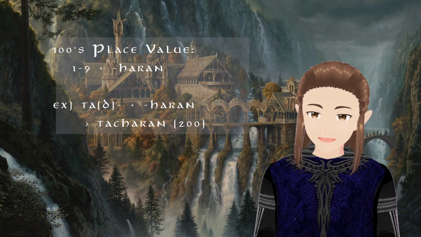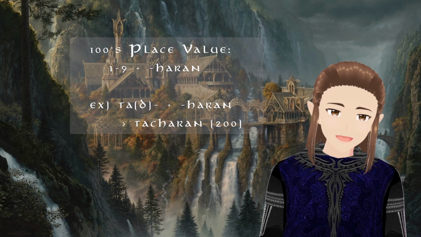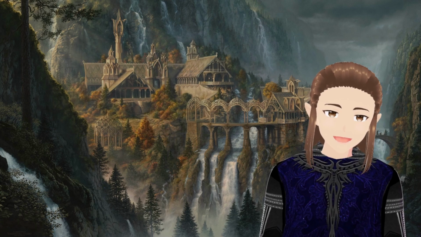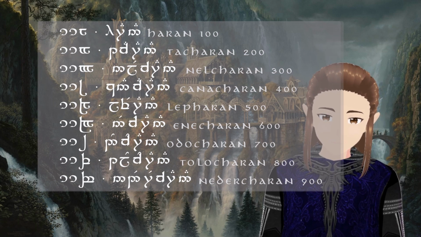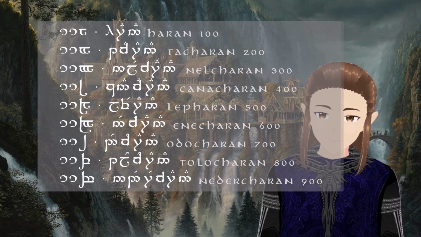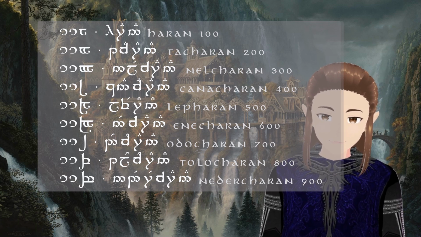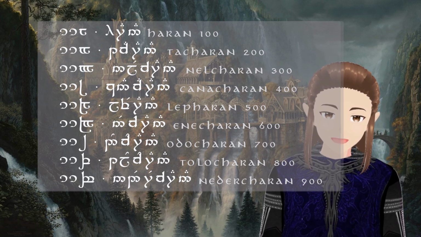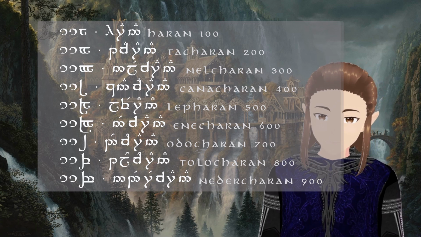For the hundreds place, we use the word haran, which follows a similar pattern to pain as used with multiples of 10. Here we can see the multiples of 100 from 100 to 900. Haran, Tacharan, Nelcharan, Kanacharan, Levaran, Enecharan, Adocharan, Tolocharan, Nedercharan.